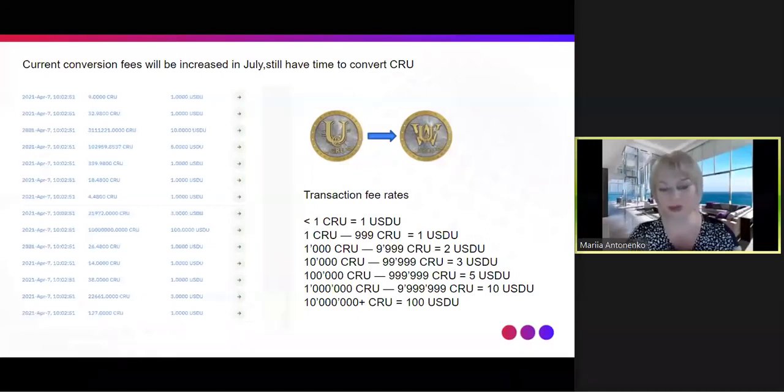Just keep those CRUs, and there will definitely come the unlocking period. You will have those CRUs unlocked, and they will come to your balance.